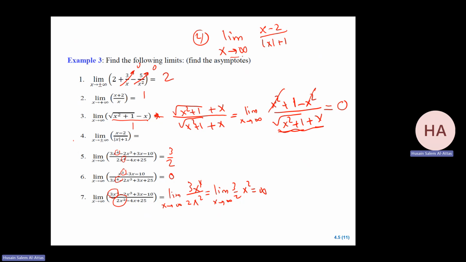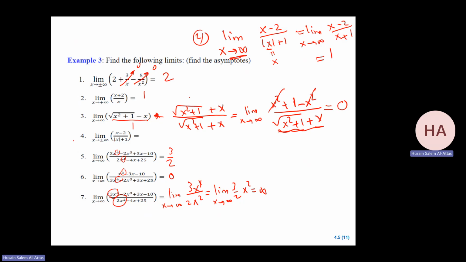So if x goes to infinity, x is positive, so this will be x. So I have this function, x minus 2 over x plus 1, same degree, leading coefficient 1 over 1, that is 1.